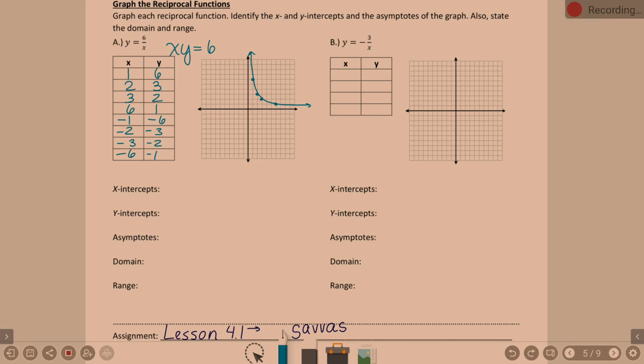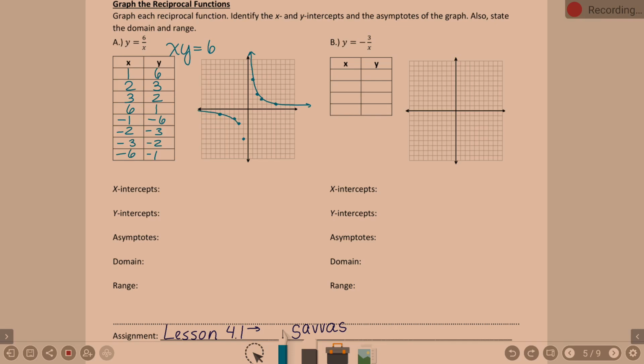We're going to have an equivalent curve in the diagonal corner. Left 1, down 6. Left 2, down 3. Left 3, down 2. Left 6, down 1.